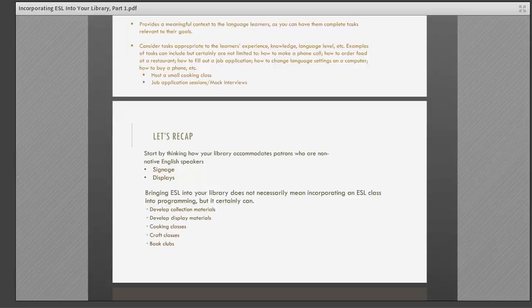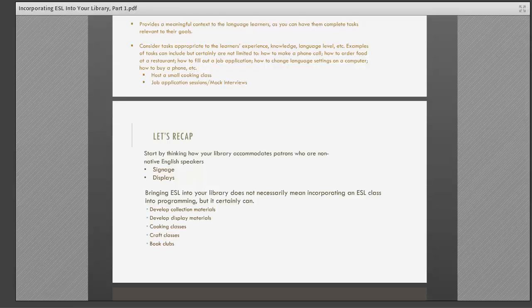If we want patrons to utilize our ESL services, we have to let them know, first and foremost, that there is a place in the library for them as they already are. And that includes translating signage, attempting to have communication with them in their native language.